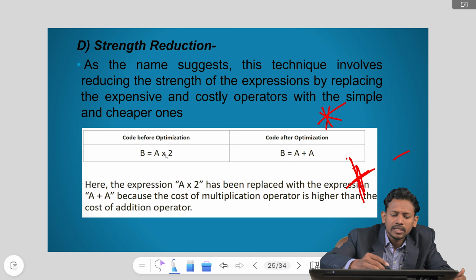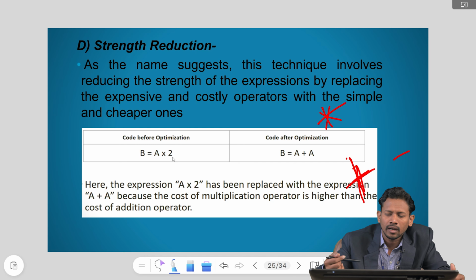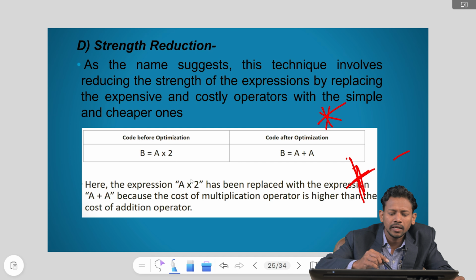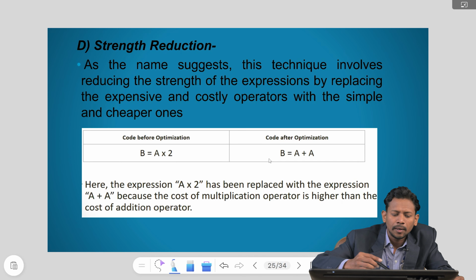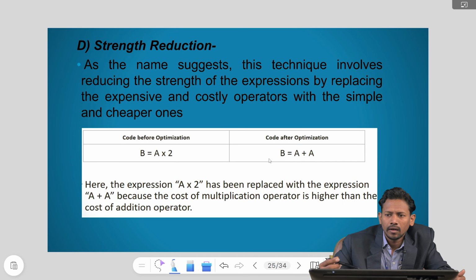Whenever multiplication operations are there, the compiler always tries to substitute them with cheaper ones, that is, addition operations. Here the expression a into 2 has been replaced with the expression a plus a. A multiplied with 2 can be substituted with a plus a.